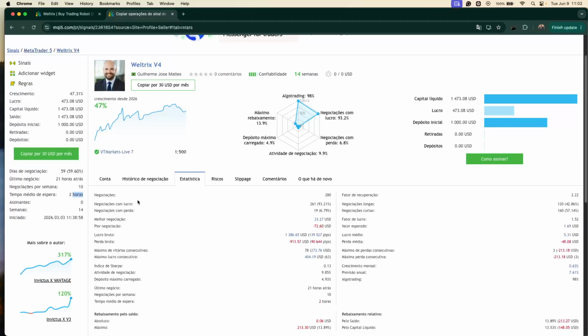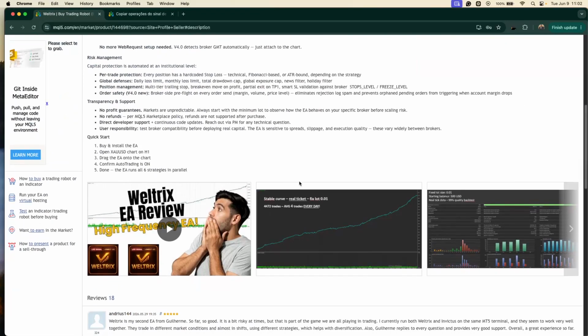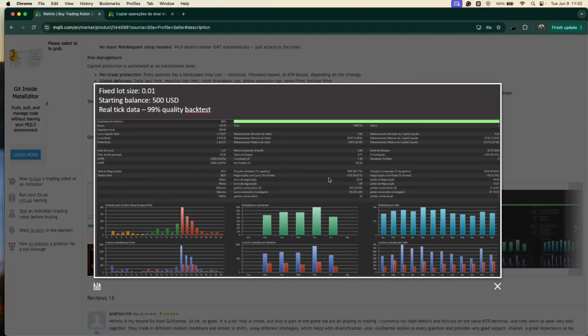The backtest with fixed 0.01 lot shows profits of over $4,000 from a $500 US initial deposit, and also it has a high recovery factor. We also have excellent metrics on real tick data. You can see this is the 95% win rate over total trades of 4,313.